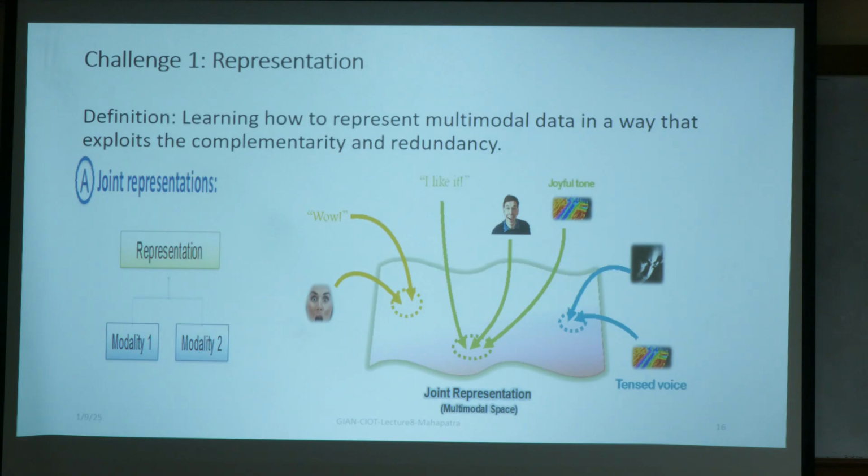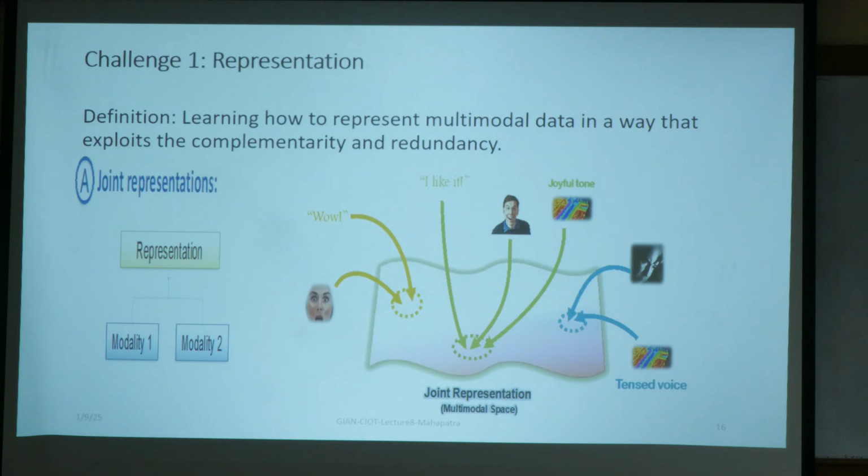Okay. Now, we're talking about multimodal representation, right? So the definition is learning how to represent multimodal data in a way that exploits the complementarity and redundancies. Let me read it again. Learning how to represent multimodal data in a way that exploits the complementarity and redundancies.